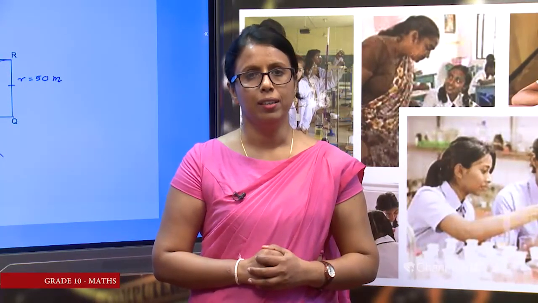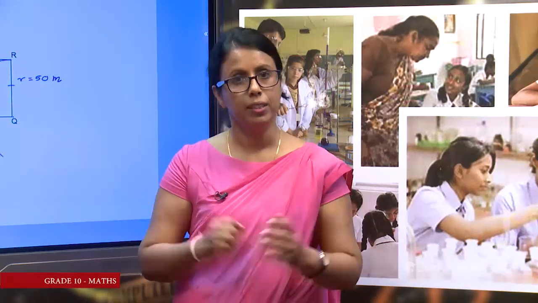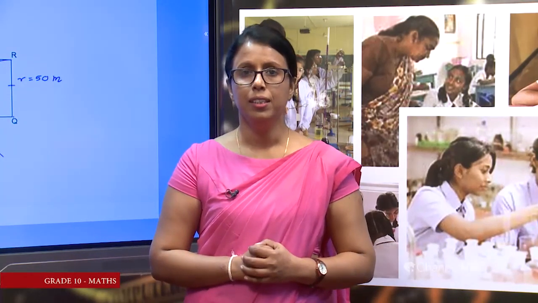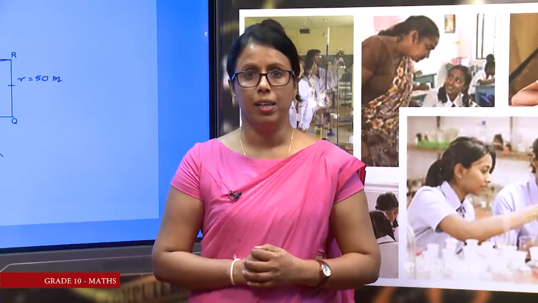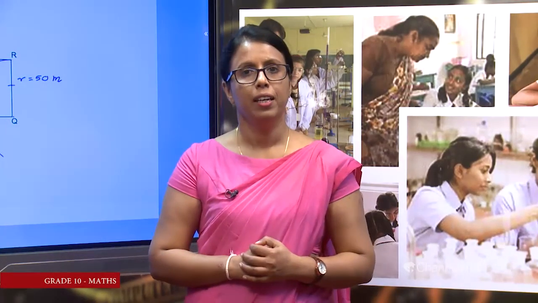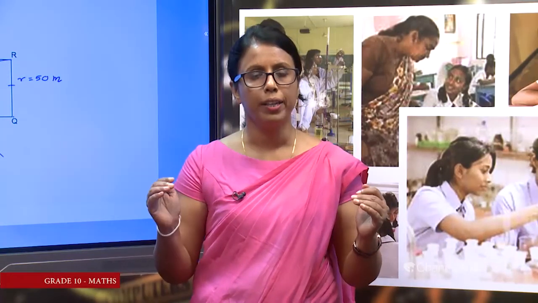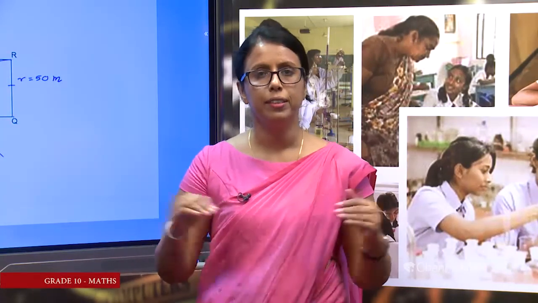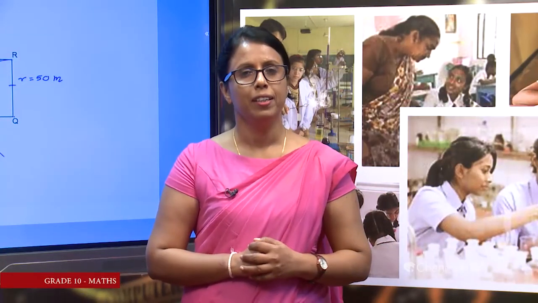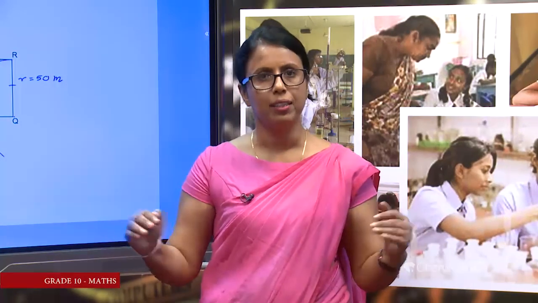Next we learned the third locus. What is the third locus? That is the parallel line. Not a point, not 2 points, it's about a line. The locus of a point moving at a constant distance from a line.